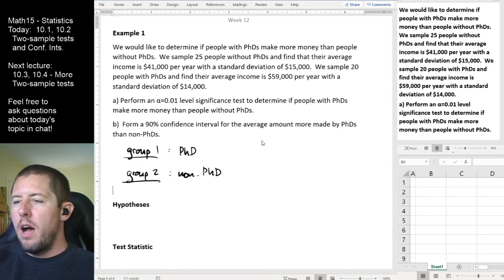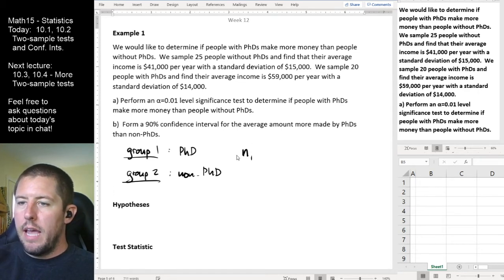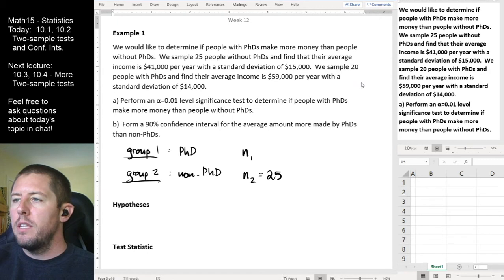2 here. So what I'm doing right here is identifying the information that we're seeing. So here I'm going to see N1, this is the sample size for the with PhD, 25 without PhDs. So that says to me my N2 is 25. That was 25 without PhDs. 20 people with PhDs were sampled. So that's going to be my sample size for group 1.